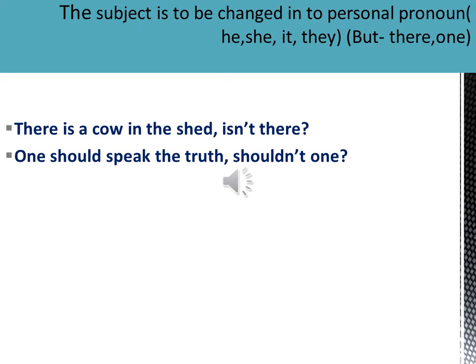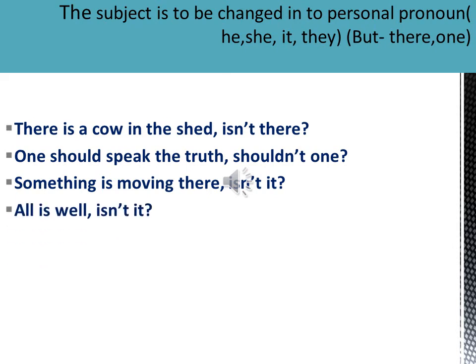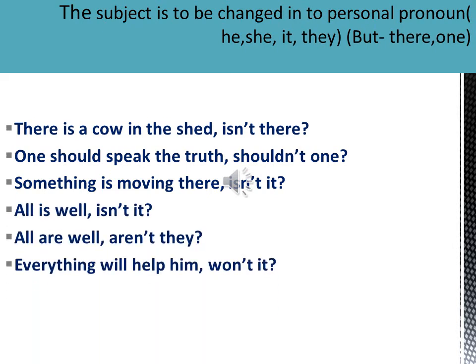One should speak the truth, shouldn't one? Likewise, instead of there and one, we use the same. Another example, something is moving there, isn't it? All is well, isn't it? All are well, aren't they? These subjects are changed according to the situations into it and they.